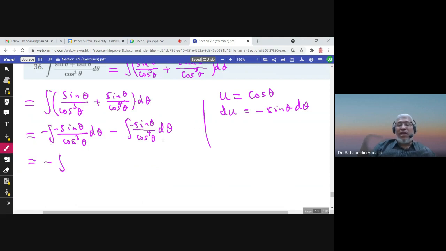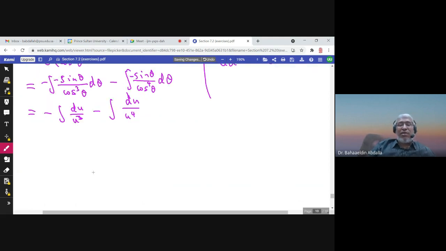Negative sine theta d theta is du over u cube and du over u to the power 4. Of course, you write it negative u to the power negative 3 and u to the power negative 4. And then you find the integral.